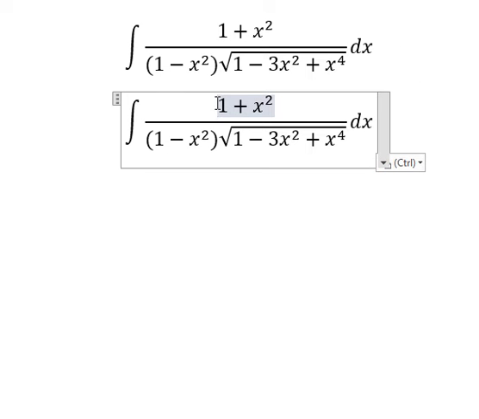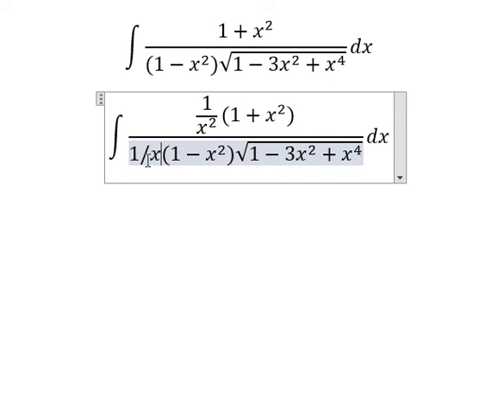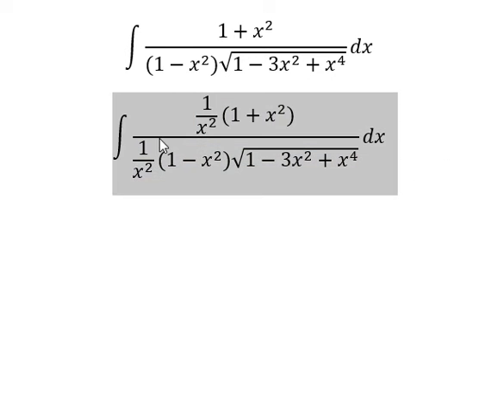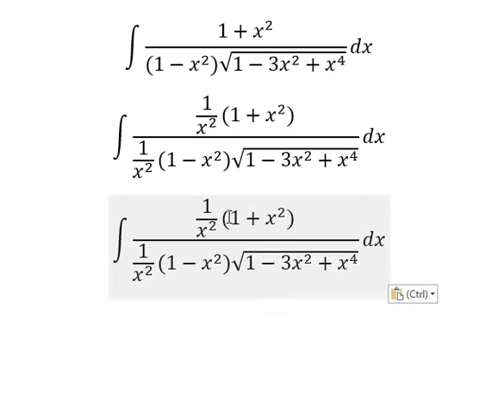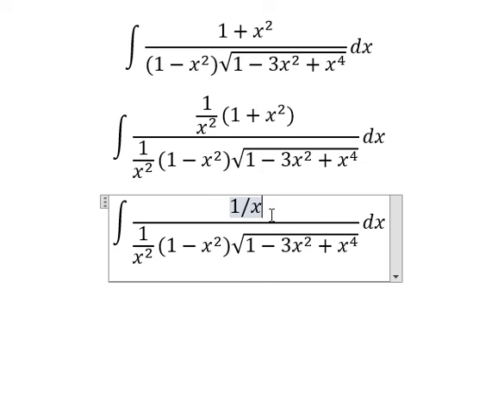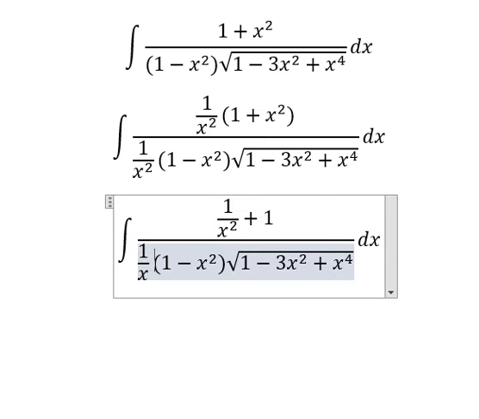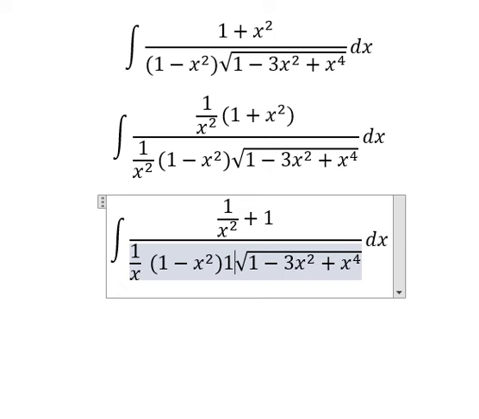We need to multiply by 1 over x squared on the numerator and denominator. So this one multiplied by this one. This one I will put as 1 over x and 1 over x.